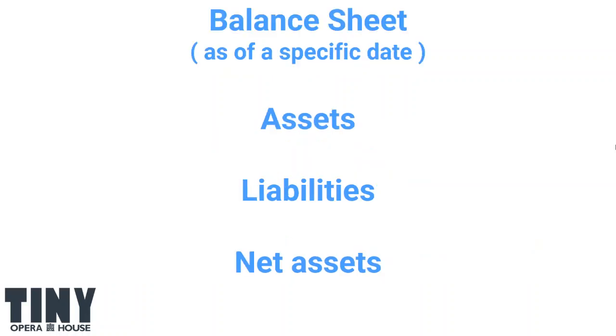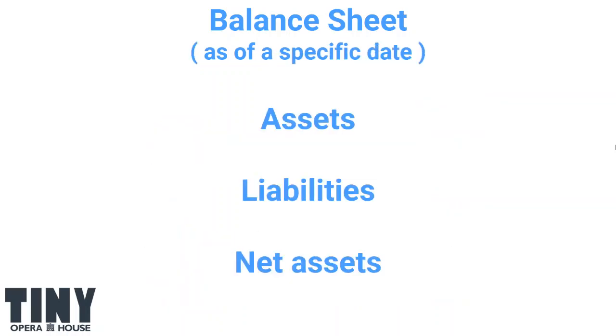And it looks like this. This is how a balance sheet is set up. A balance sheet as of a specific date shows the total amount of assets the organization has, the total amount of liabilities, and then the computation of what's left after all of that, which is the net assets.